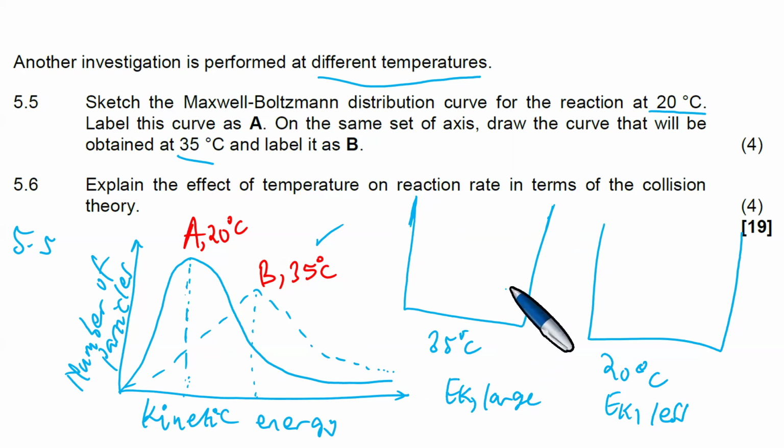Okay, if EK is large, it actually means a couple of things. Why is EK large? The temperature is higher, and therefore there are more effective collisions, and the particles run around more of the container. If they run around more of the container, it means they occupy more space, more volume, if you like.